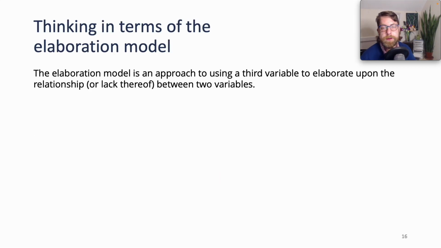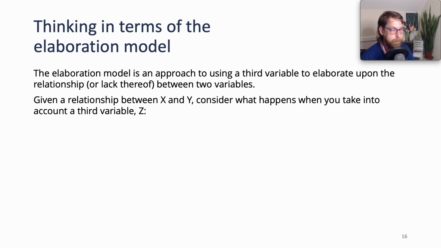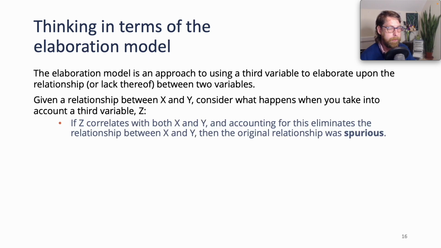Now, with the elaboration model, this is a way in which we can approach two variables with a third variable to help us clarify a relationship. So what happens when you account for a third variable? If z, this third variable, correlates with both of the first two, and accounting for z eliminates the relationship between x and y, then the original relationship was spurious.